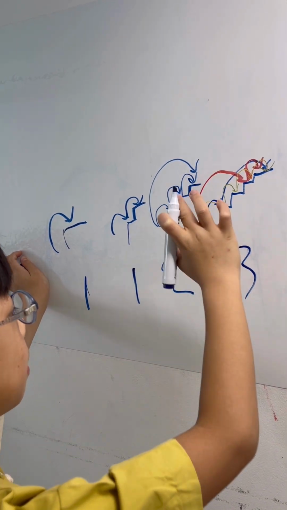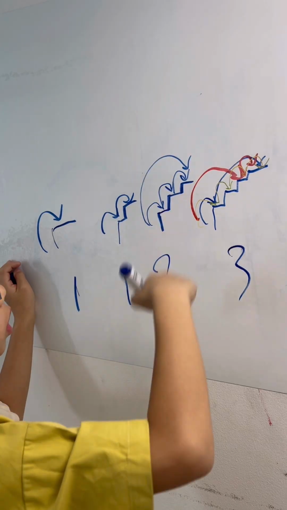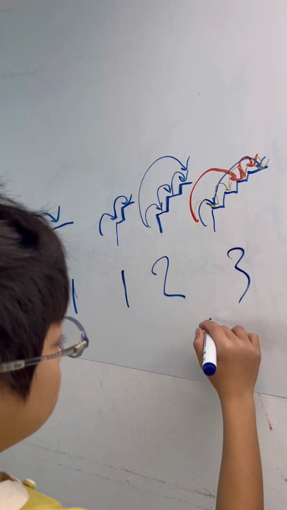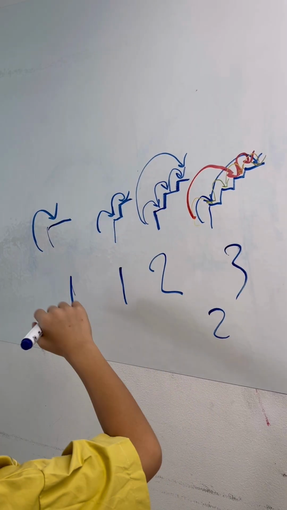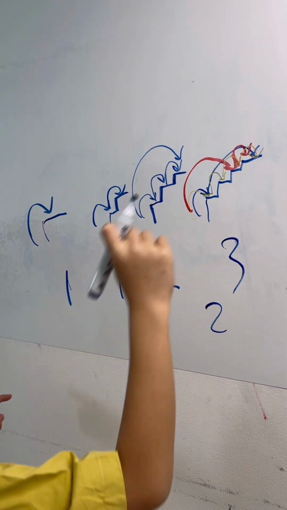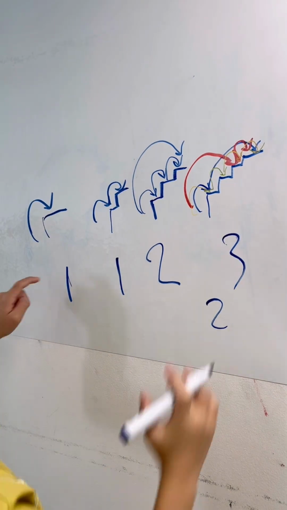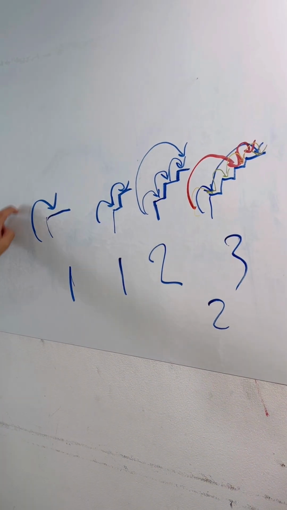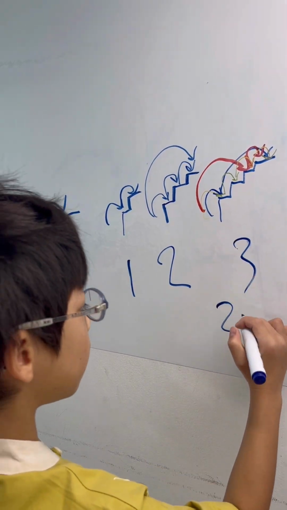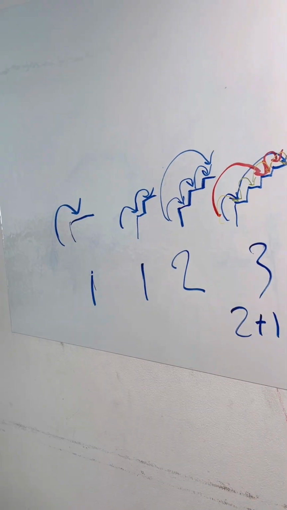And for the 3 steps left, it's basically this scenario. This scenario says that there's 2 ways. It's 1 times 2. But then if you take 3 steps at first, then you'd be left with 1 step left, which means it's this scenario. And in this scenario, there's 1. So 3 is actually 2 add 1.